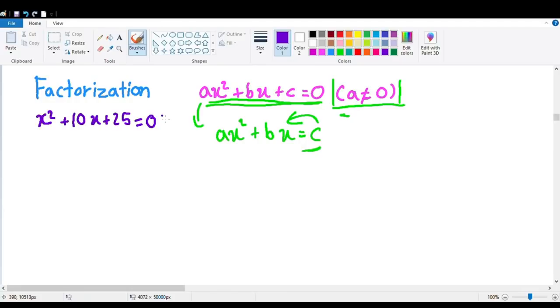Step number 2 is to multiply ax squared with c, the constant term. Over here we have x squared, so the coefficient of x squared is 1, and we don't really need to care about that, since 1 multiplied by something is the same thing. So it's going to be x squared multiplied by 25, which we're going to write over here, 25x squared.